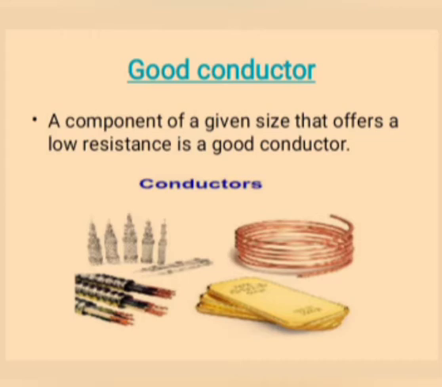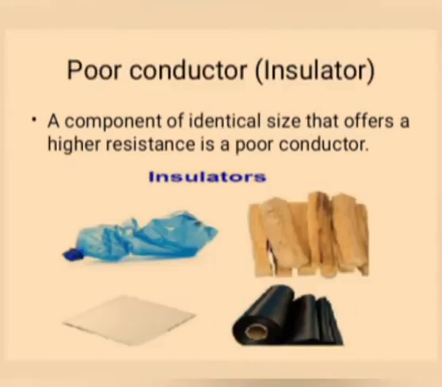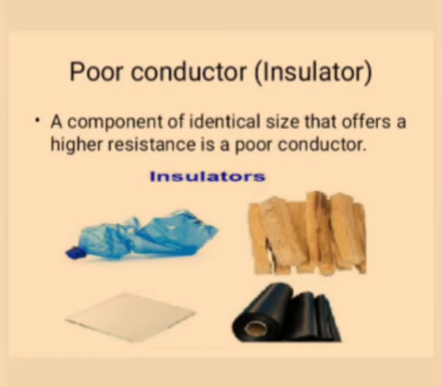A component of a given size that offers a low resistance is a good conductor. A good conductor offers low resistance. Examples for good conductors are copper, aluminium, gold, etc. A component of identical size that offers a higher resistance is called a poor conductor.